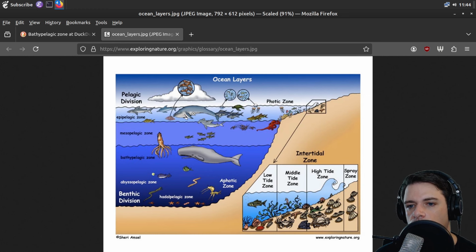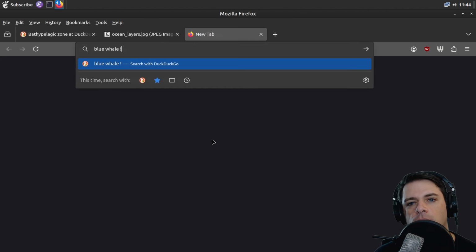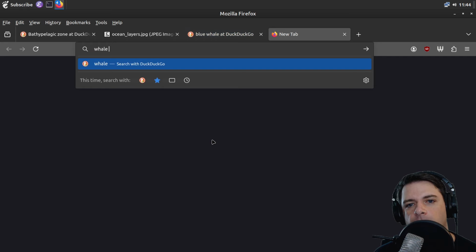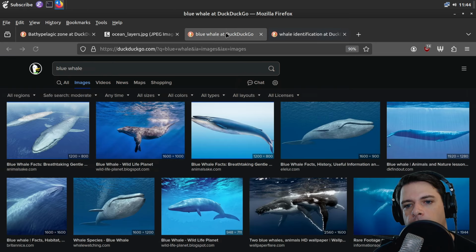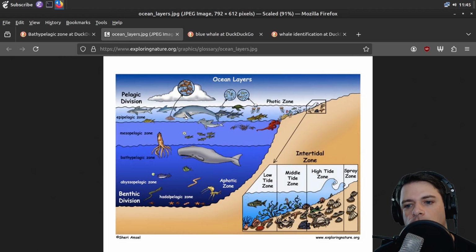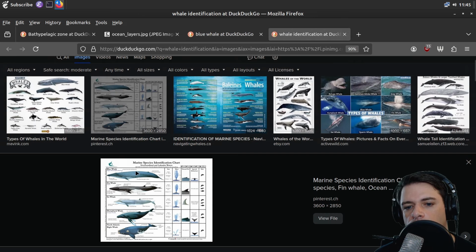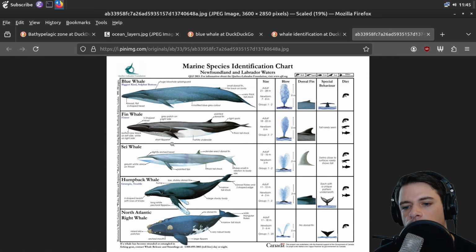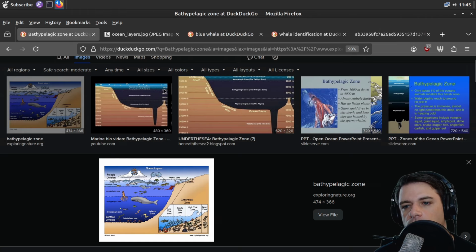These are some kind of whale. Is that a blue whale? A blue whale looks like this with a beard. I think that's a blue whale. I don't know what this is.